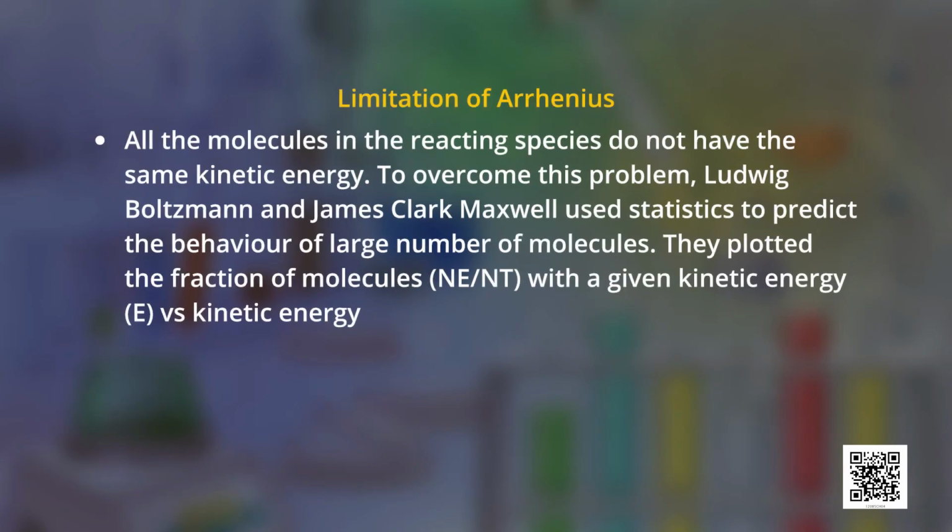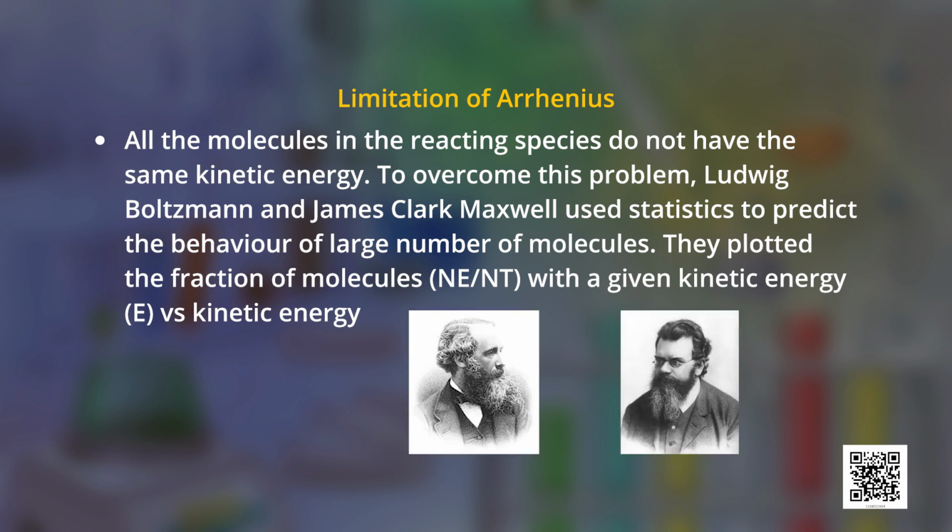All the molecules in the reacting species do not have the same kinetic energy. To overcome this problem, Maxwell and Boltzmann used statistics to predict the behavior of a large number of molecules. They plotted the fraction of molecules Ne upon Nt with a given kinetic energy E versus kinetic energy.